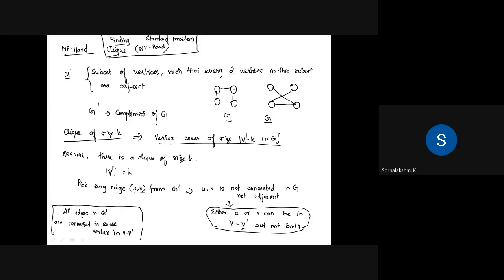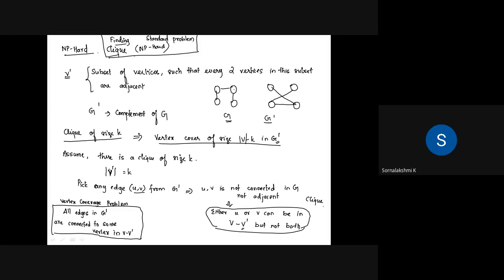All edges in our complement graph are connected to some vertex in V minus V dash. So this is the vertex cover problem: all edges in a graph should be connected to some vertex in a subset. So we reduced it from the clique problem. This was a clique problem and we reduced it to get a vertex cover problem.